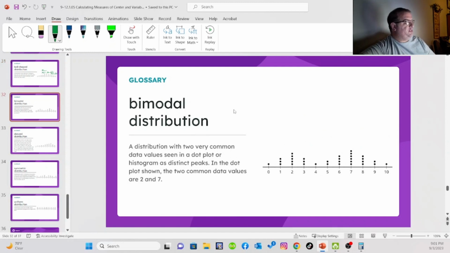Our next one is bimodal. Remember, bi means 2 and modal means peaks. When we look at this, if it happens to be symmetrical, then you could use the mean and the mean absolute deviation.